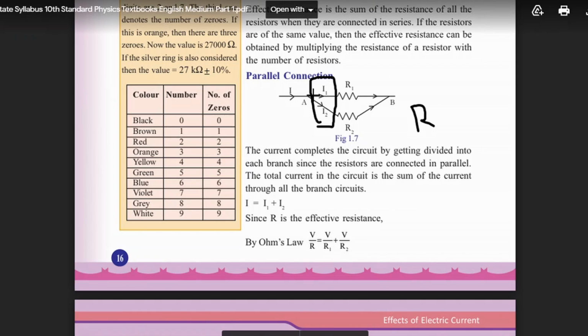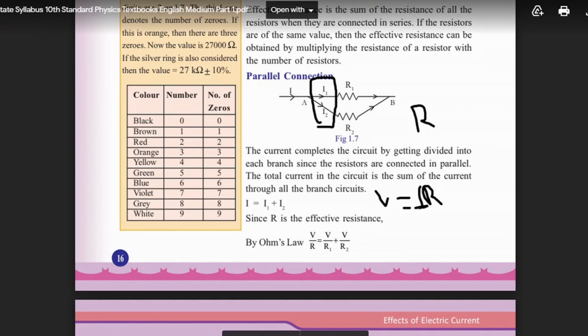So the total current equals the current through R1 plus the current through R2. So I equal to I1 plus I2. Here we already know Ohm's law. What is Ohm's law? V equal to IR.